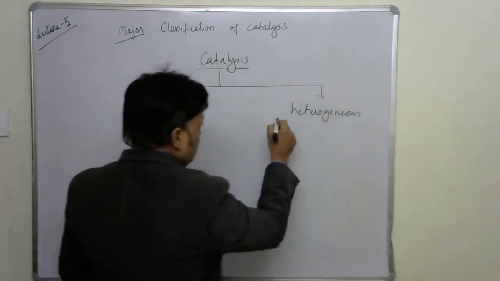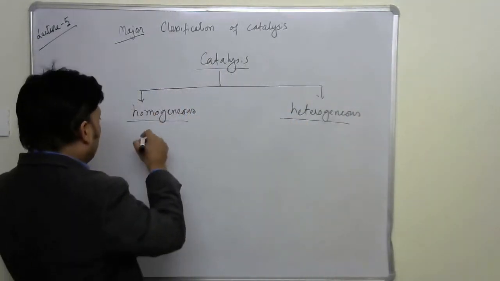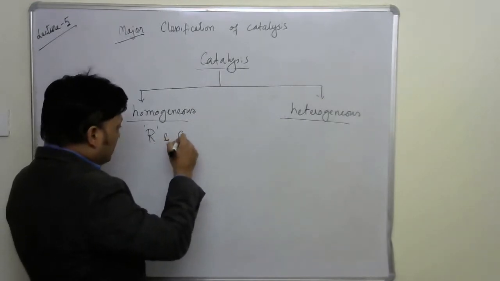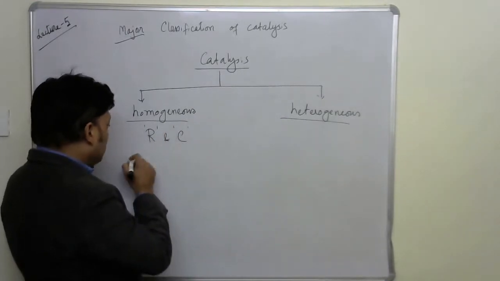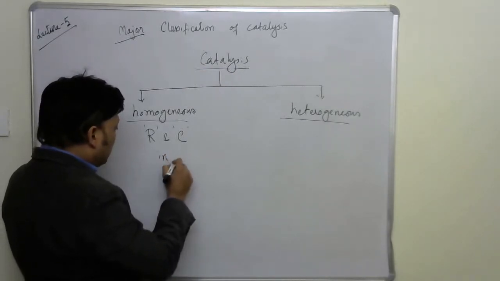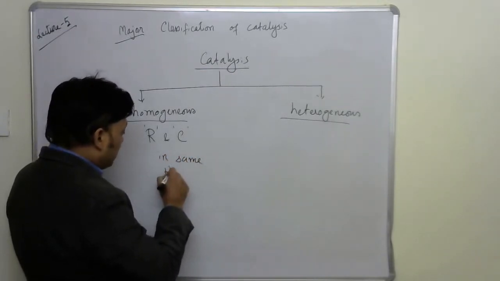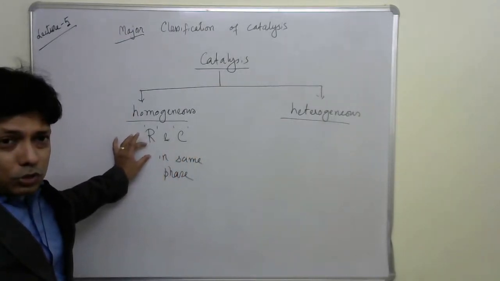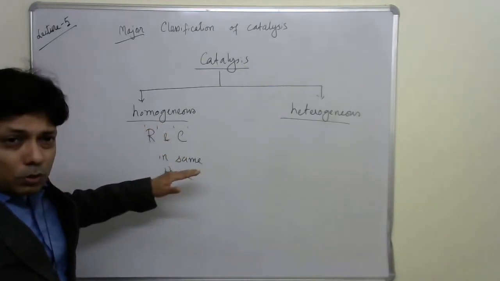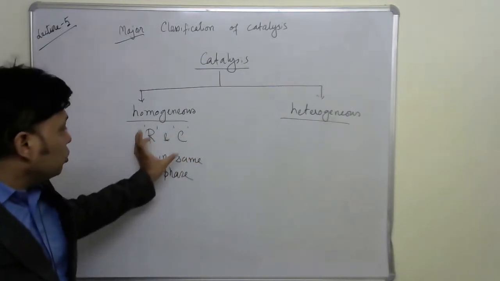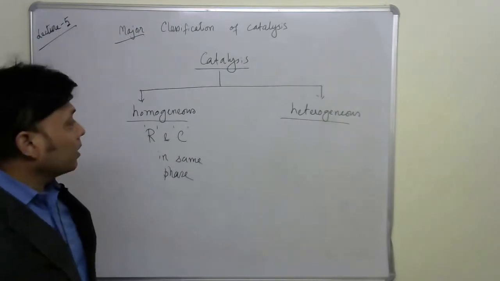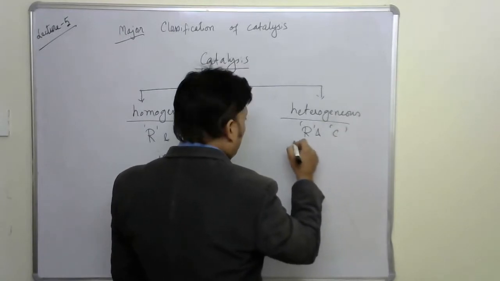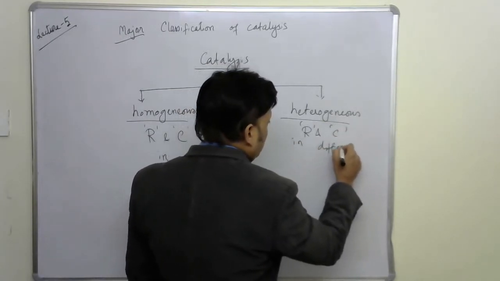The term homogeneous is defined as when the reactant, denoted by R, and the catalyst, denoted by C, are always in the same phase. That means if the reactant is in a solution, the catalyst should also be dissolved in the solution. So both should be in the same solution phase. And here, in heterogeneous catalysis, obviously R and C would be in different phases.